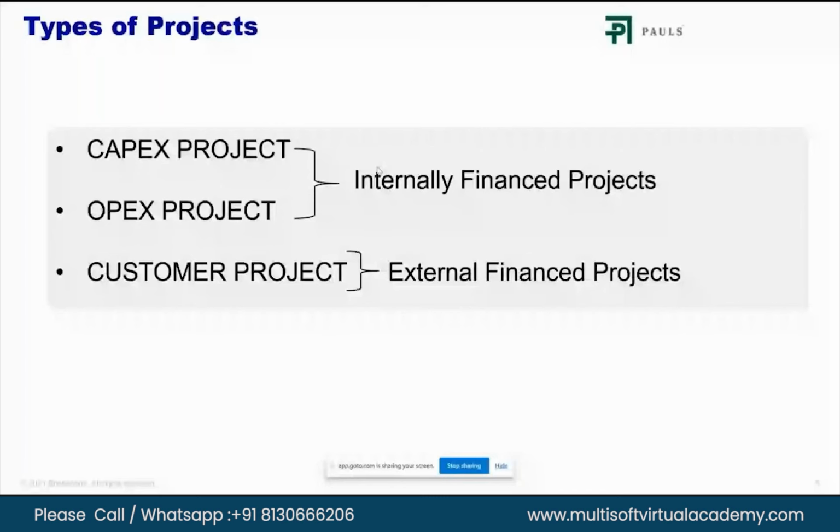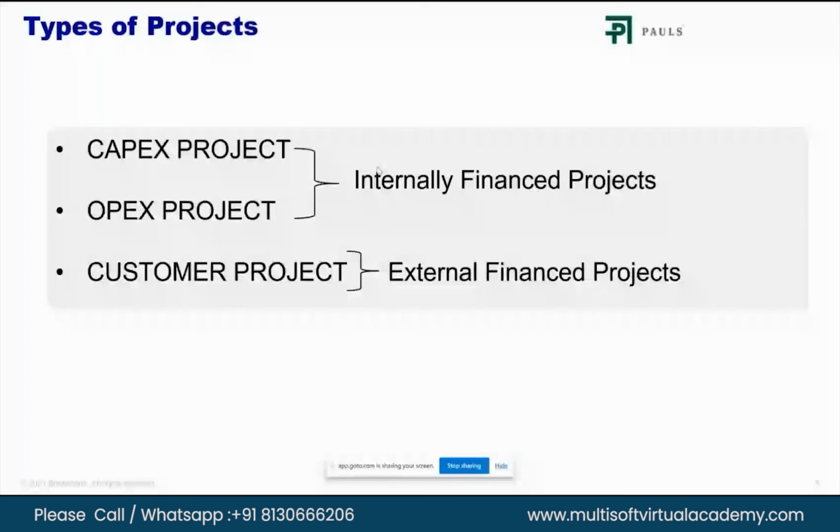So say it went to 105 crores. 100 crores was your budget, 105 crores is your actual. And while you sold all your residential and commercial units, you generated revenue of, say, 130 crores. So in these projects, you'll be mapping your budget, actual, and revenue, while in the above two projects, you will be mapping only budget and actual. There is no revenue in CapEx and OpEx.